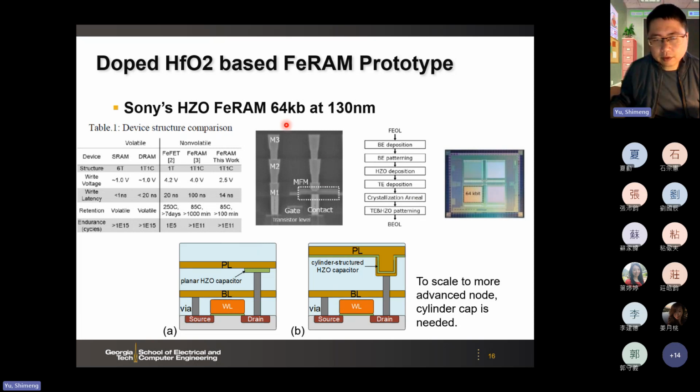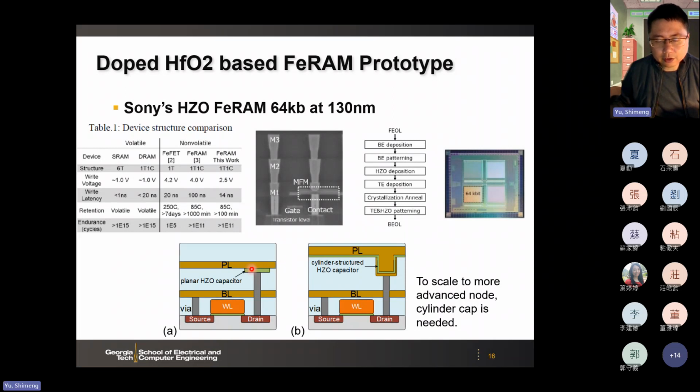But because Sony doesn't have an advanced CMOS platform, it's 130 nanometer. But in principle, you can scale this to more advanced nodes. But you may have to use a cylinder-like structure to increase the surface area. Because if you stay with a planar capacitor, as you shrink the technology node, the capacitor size will become smaller.